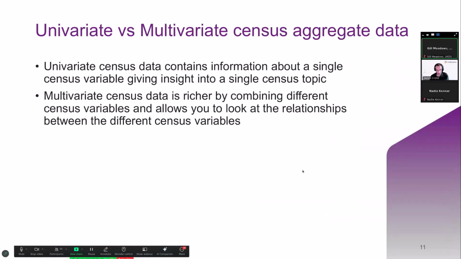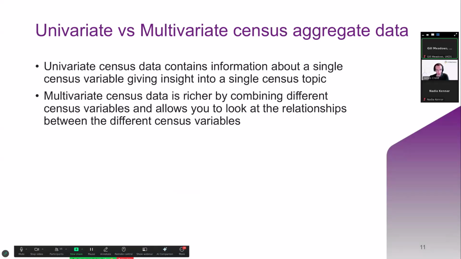And there are two types of census aggregate data: univariate and multivariate. The univariate data is just information about a single census variable, whereas the multivariate is much richer and combines different census variables and gives you the ability to look at the relationship between those variables. An example of univariate data could be method used to travel to work.